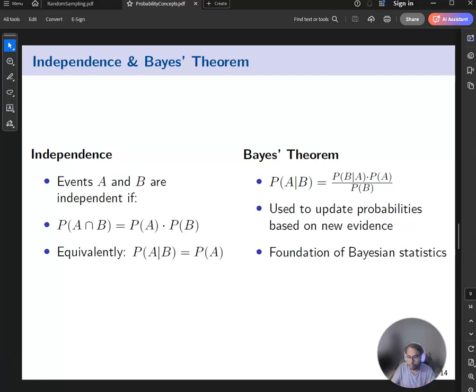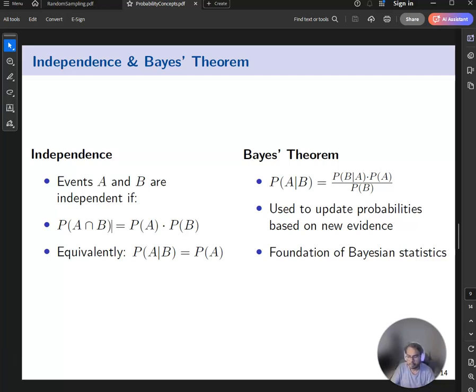So think of P of A as our initial belief about the probability of A, which we call the prior probability. When we observe B, we update our belief to P of A given B, which is the posterior probability.